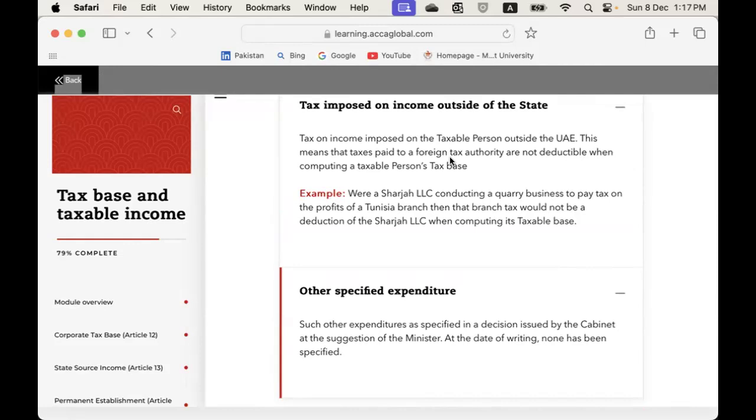Just for recall purposes, I'm telling you that we have always discussed two types of reliefs when dealing with cross-border taxation, right? What were those two types of reliefs? Can somebody tell me? One was called the credit method.